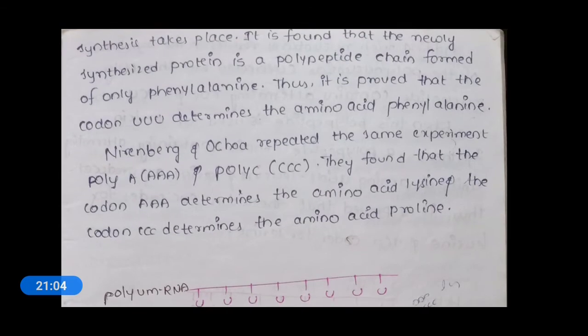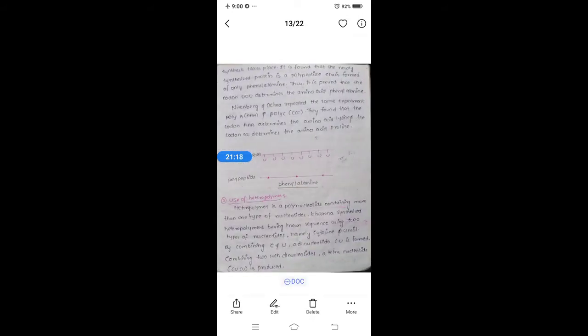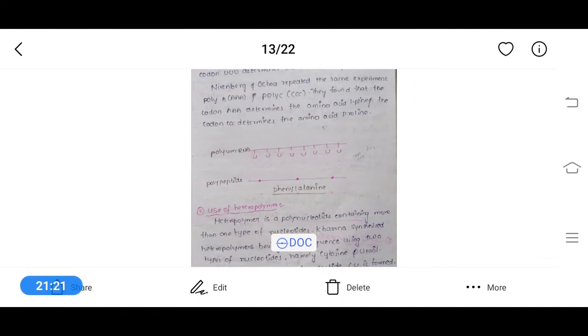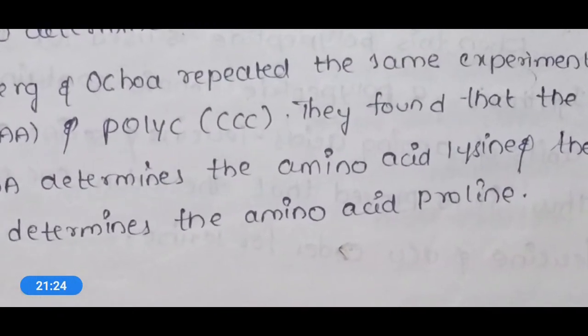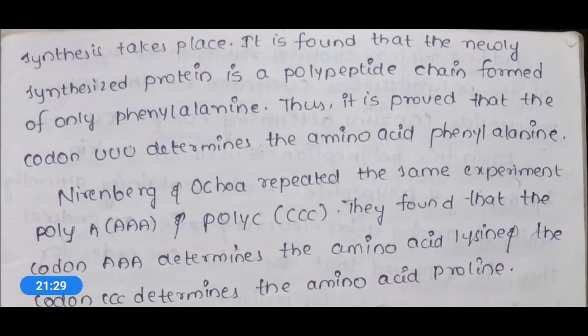It is found that the newly synthesized protein is a polypeptide chain formed of only phenylalanine. So the mRNA contains only uracil.